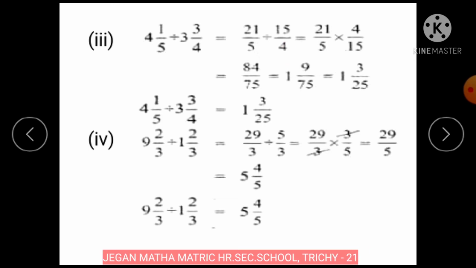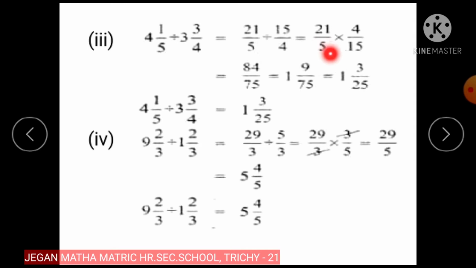And now we take the reciprocal of the second fraction. The reciprocal of 15 by 4 is 4 by 15. Now we multiply 21 by 5 and 4 by 15. We get 21 fours are 84 and 5 fifteens are 75.